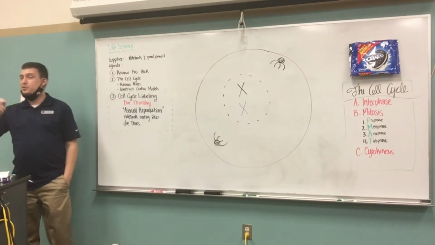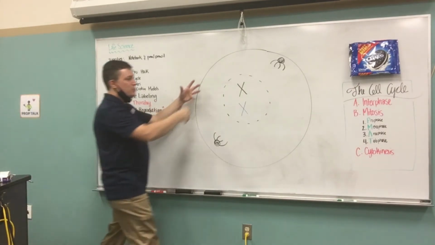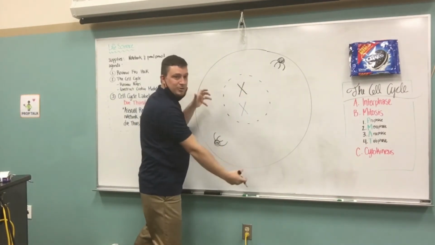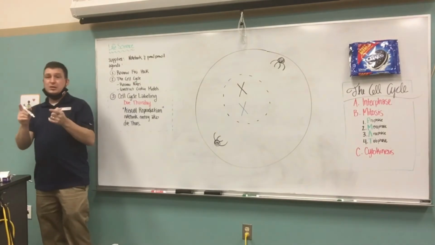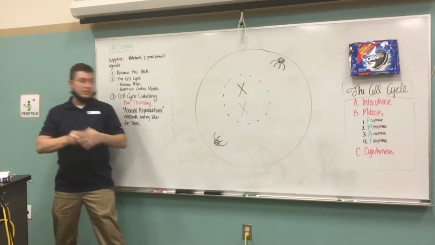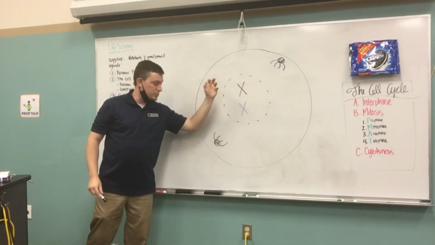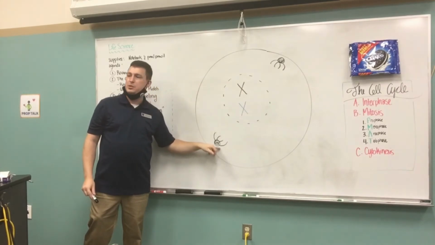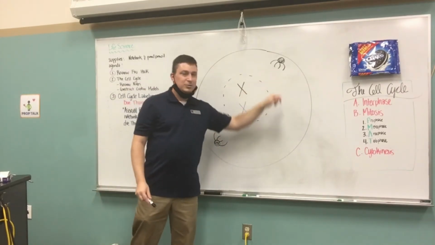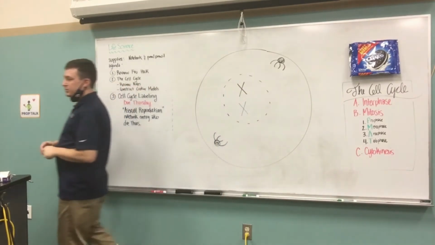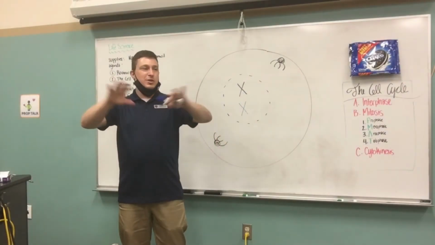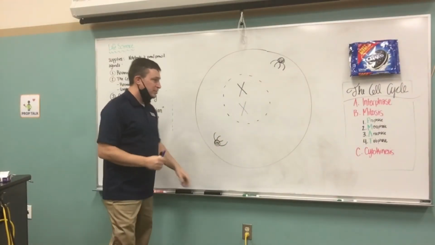Spindles, yes. And those spindles are eventually going to start moving everything around inside the cell, aren't they? So on your cookie cell model, make sure your chromosomes are there, your disappearing nucleus, and with your paperclip, draw in some little spindles.